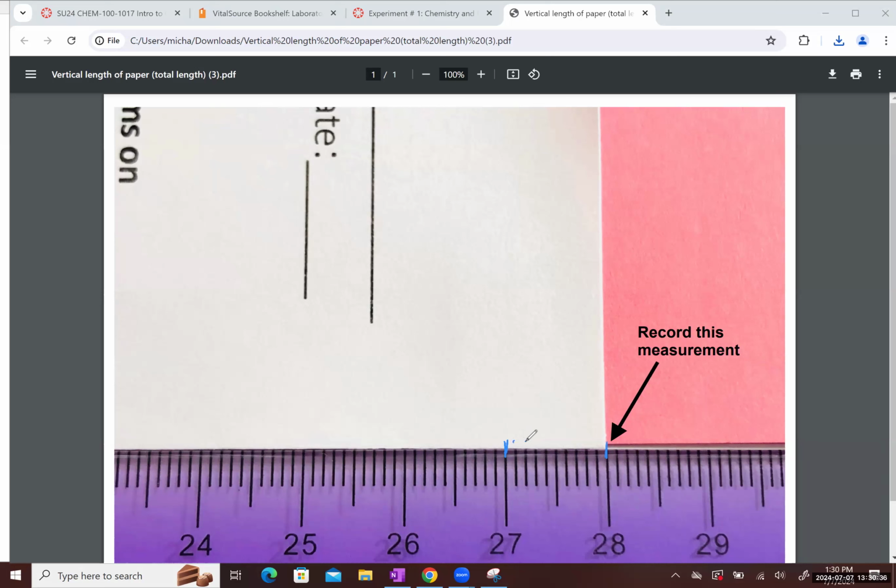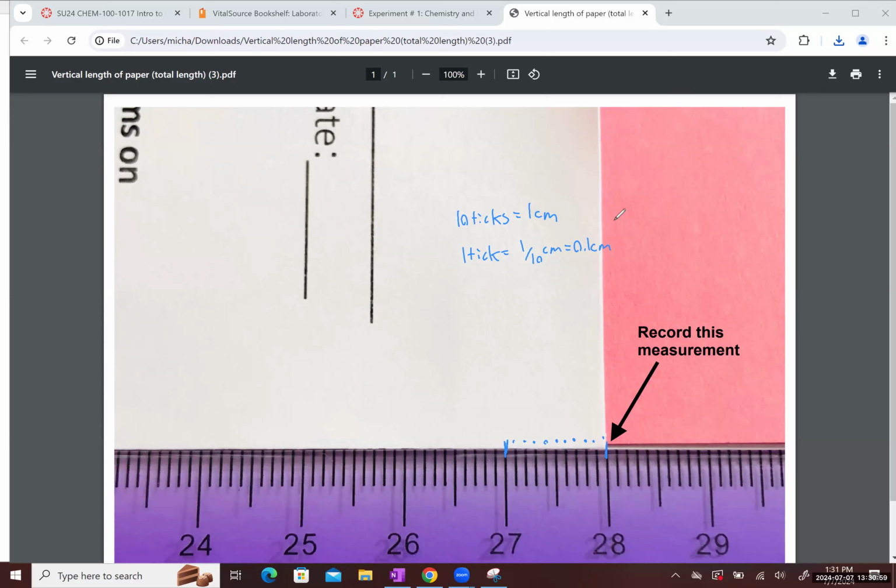I count the number of graduated tick marks as 5, 6, 7, 8, 9, 10. So there are 10 ticks, and these 10 tick marks take us 1 centimeter of distance. Thus, 1 tick mark corresponds to 1/10 of a centimeter, or 0.1 centimeters.